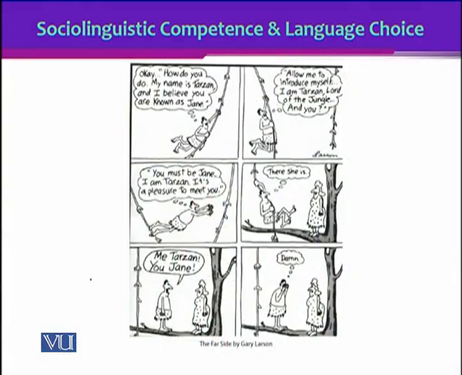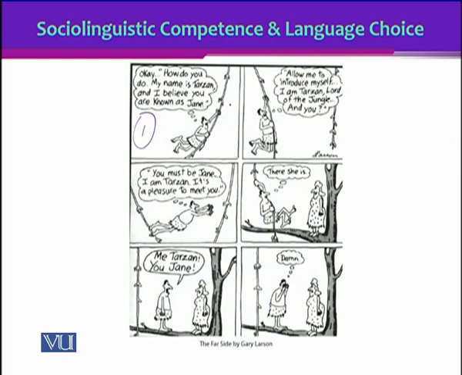If you look at the screen, in a very humorous way the artist has illustrated how language is used differently in different cultures. For example, this person flying with the help of a rope says, okay, how do you do? My name is Tarzan, and I believe we are known as Jane.